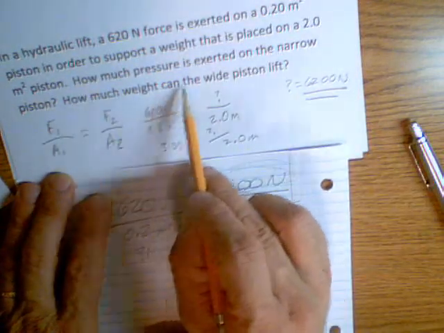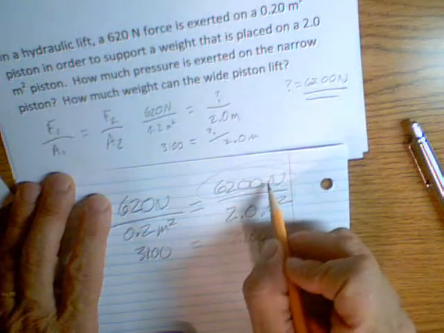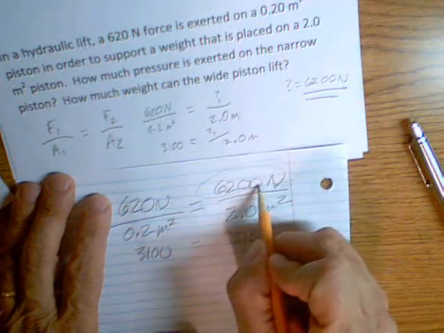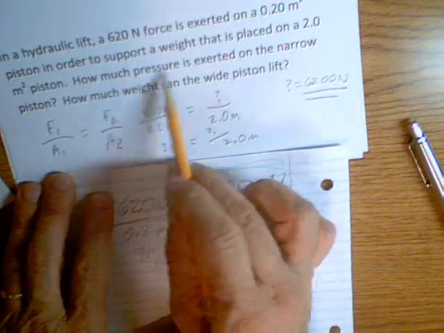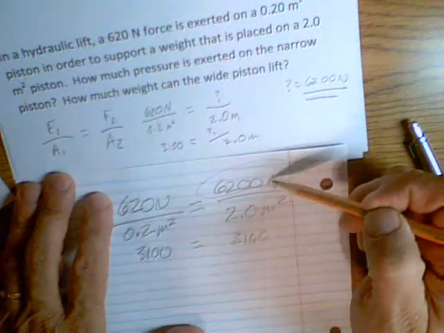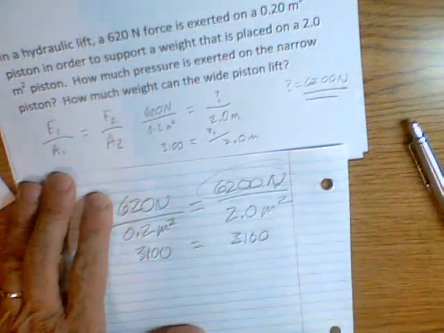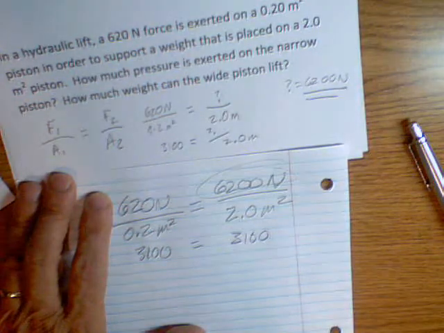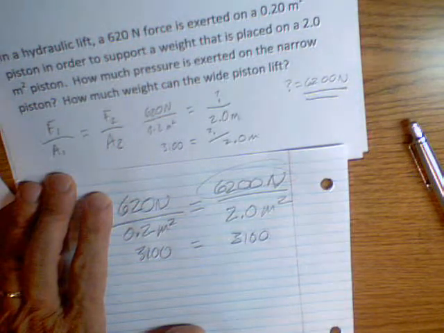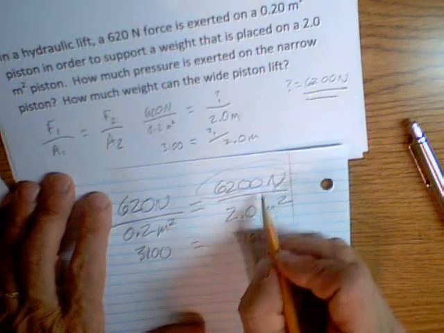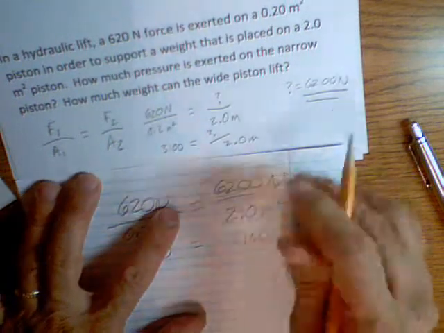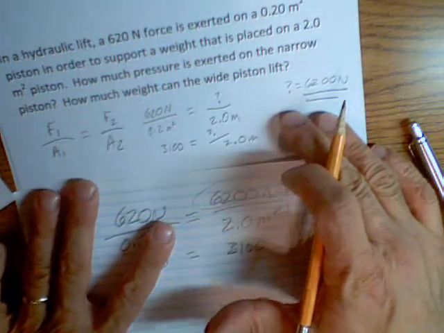Now, how much weight can it lift? Well, weight is in newtons, so 6,200 is our weight, and the pressure is just force over area. So all I'd have to do is take the 6,200 and divide it by 2, and that'll give us the pressure.